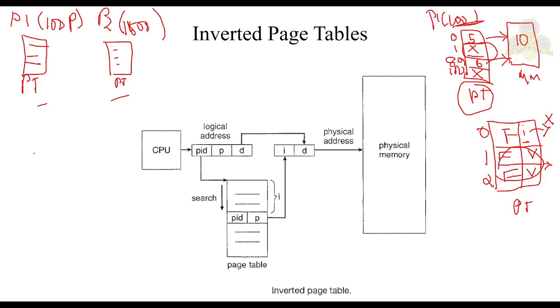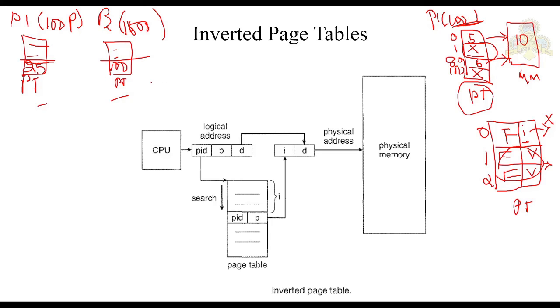I'll give you an example. Say you have process P1 which is of 100 pages, and process P2 which is of 1000 pages. Now say out of 100, only 25 pages are there in main memory, and out of the 1000 pages of P2, only 100 pages are there in the main memory.